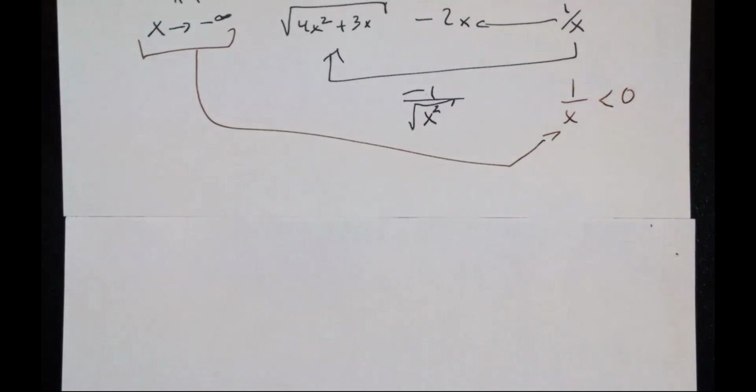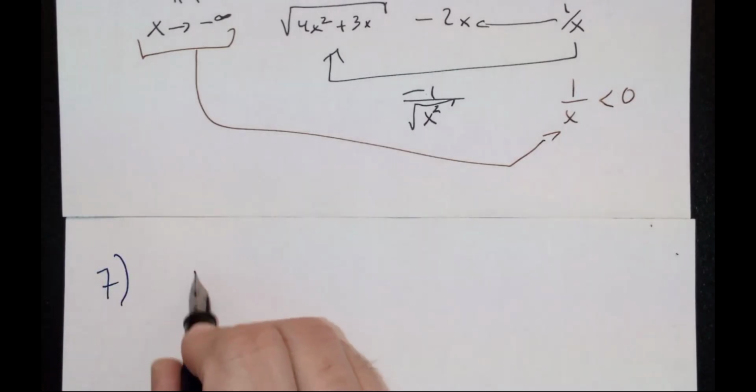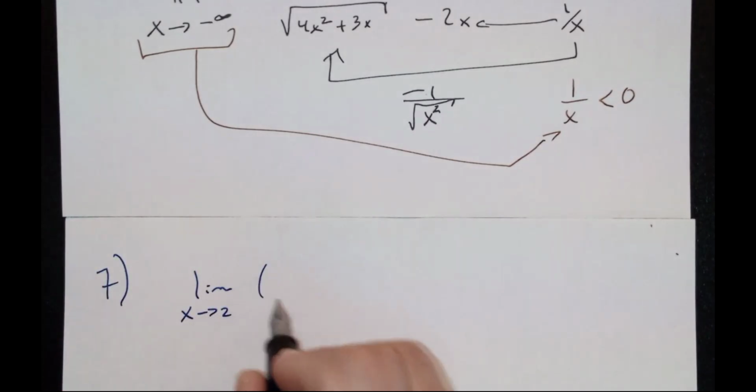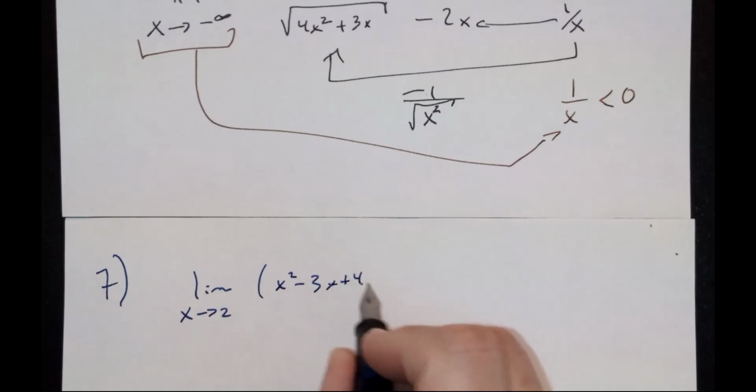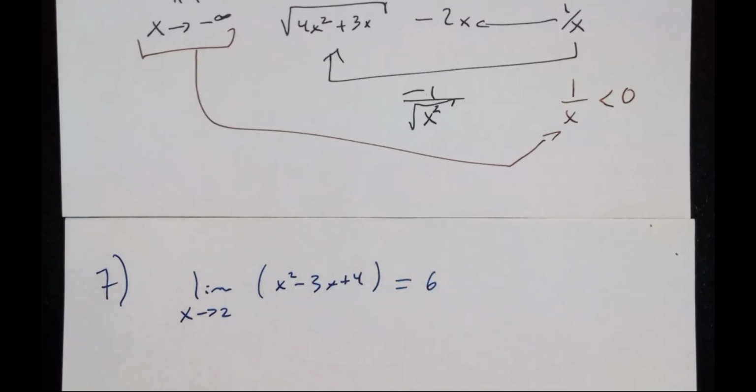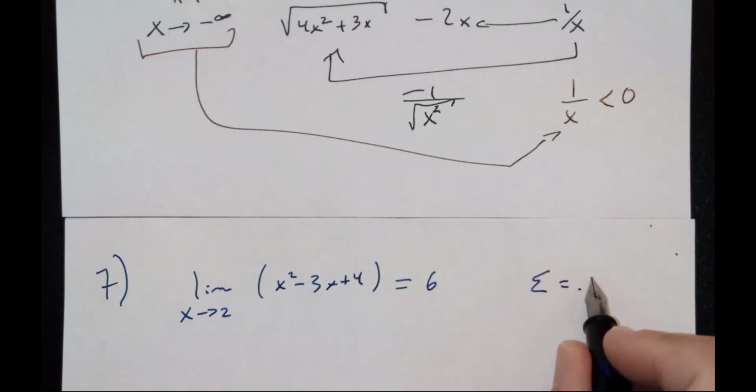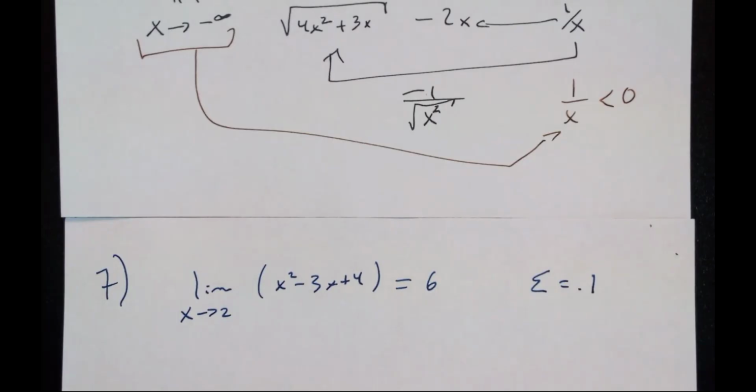So that question says, limit as x approaches 2 of x squared minus 3x plus 4 equals 6. And then it gives me an epsilon, right? And it gives me 2 epsilons. So which one do you want to use first, 0.2 or 0.1? Okay, so if epsilon is 0.1, I want to know what delta is.